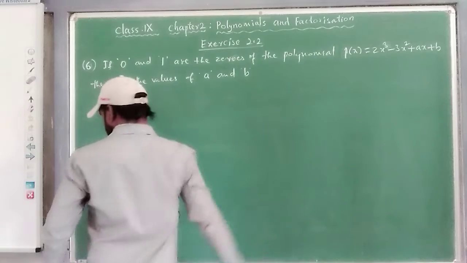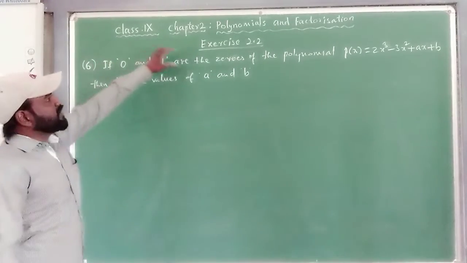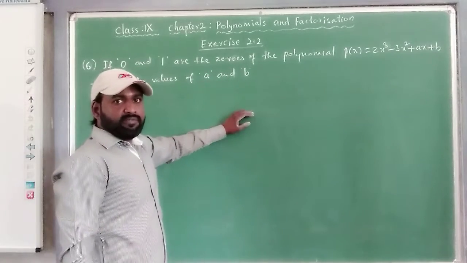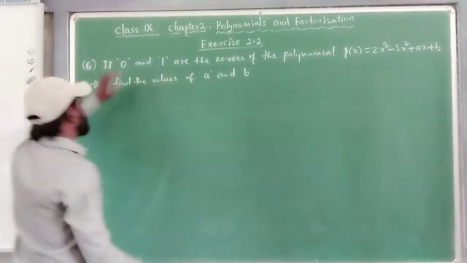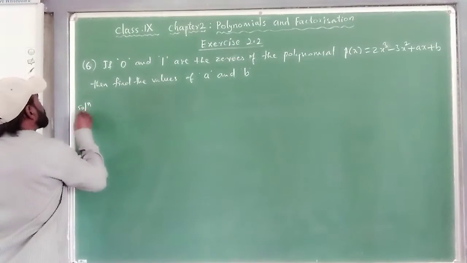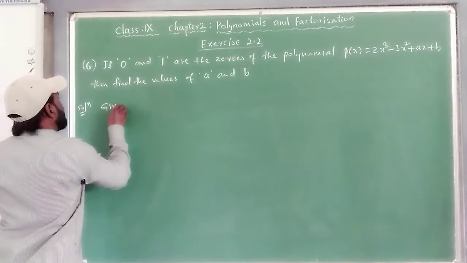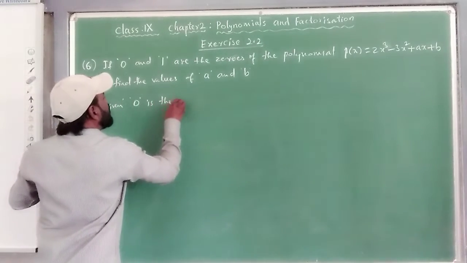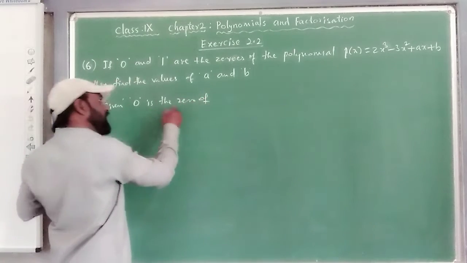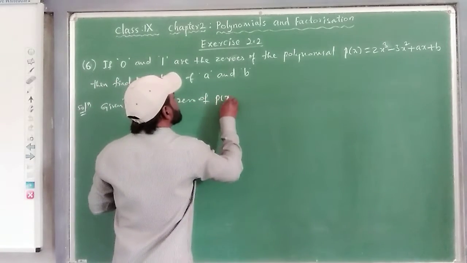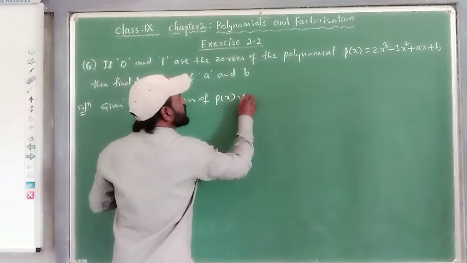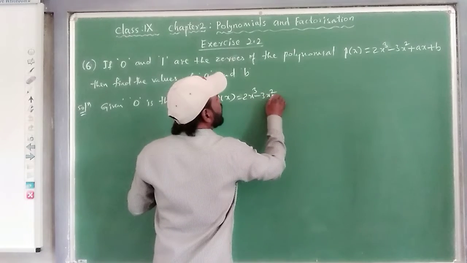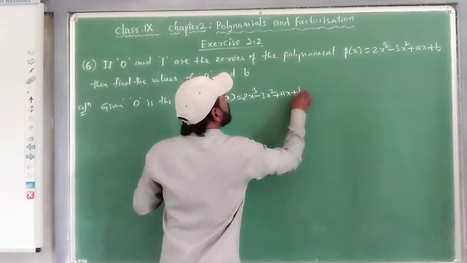We have to find a and b. These two zeros are there in the polynomial. First of all, 0 is one of the zeros and 1 is also one of the zeros of the polynomial. That means according to the question, what is given? Given: 0 is a zero of p of x is equal to 2x cube minus 3x square plus ax plus b.